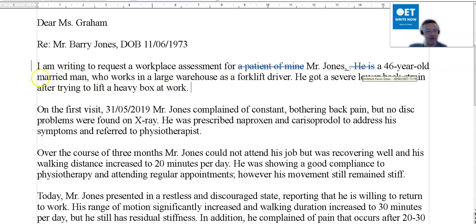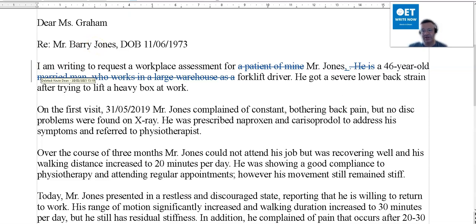Right, 46-year-old forklift driver. Okay, because I'm the occupational therapist, I want to know name, age, occupation. That's it. If you're married or anything else, what does that matter? Is that going to change anything that I do? Answer's no.